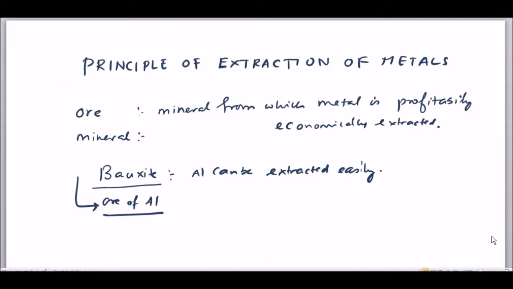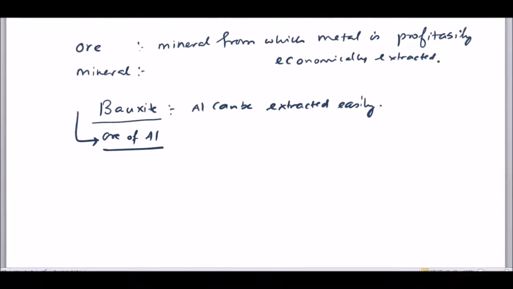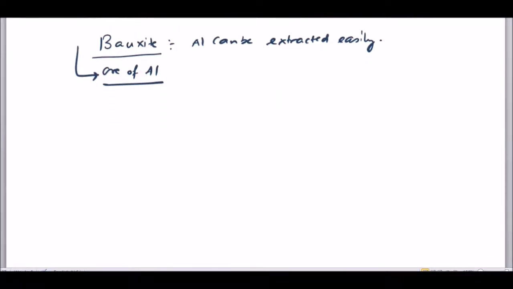And metallurgical treatments can have various steps. The first and important step will be the concentration of ore. How are various ores concentrated?